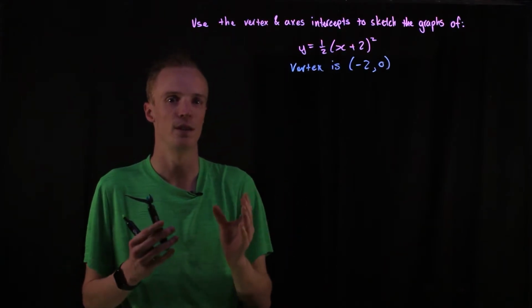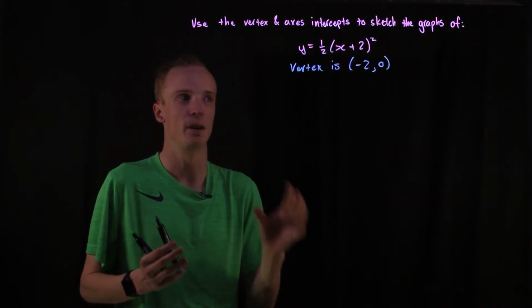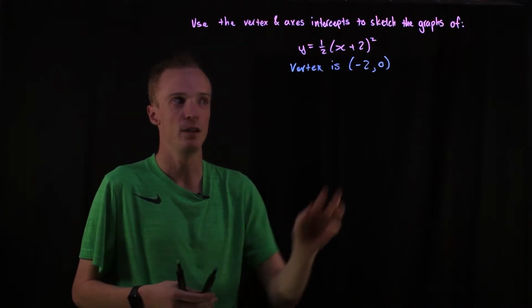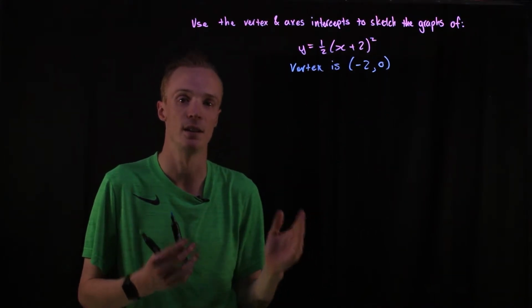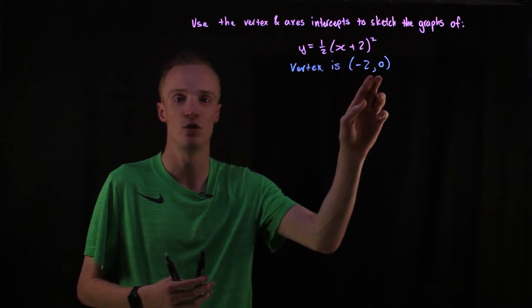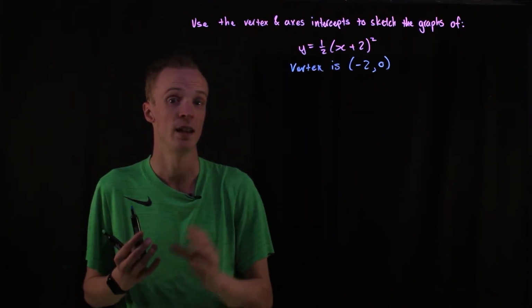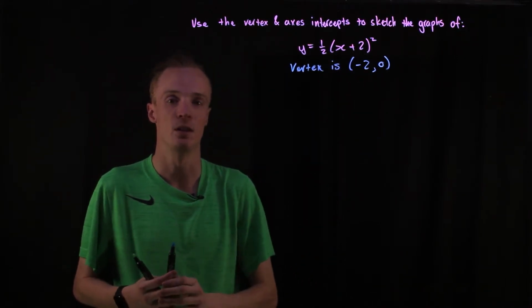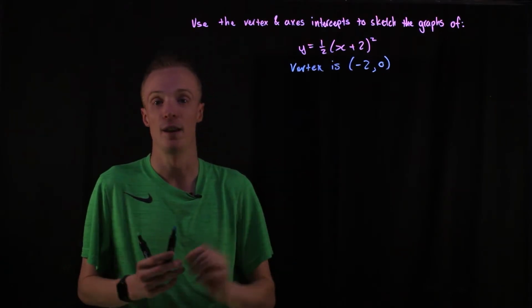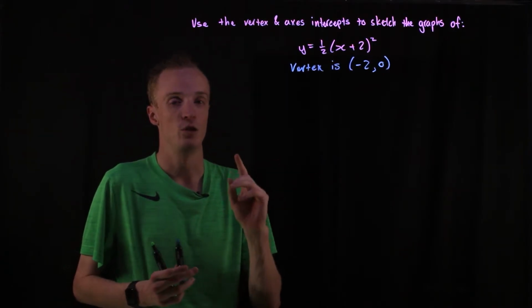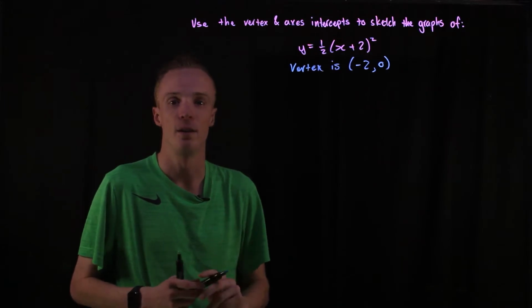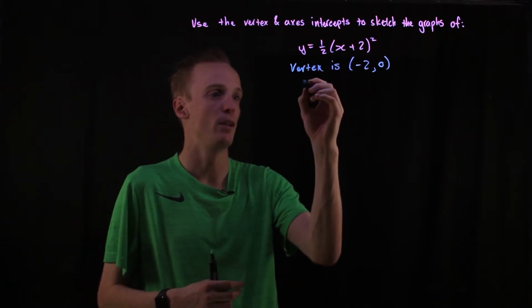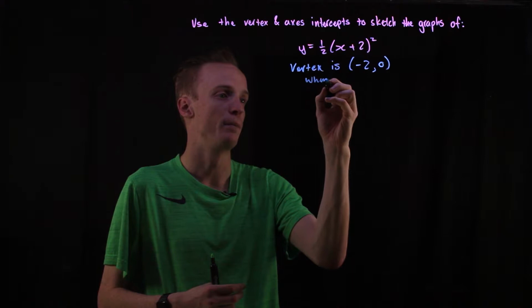Now, you notice that the vertex is either the minimum or the maximum of my graph, and because it occurs on the x-axis, it means that the vertex in this situation, it's a special situation, is the same as my x-intercepts. So I don't need to go ahead and find the x-intercepts anymore. What I do need to find though is the y-intercept, and we know that the y-intercept occurs when x is equal to 0.